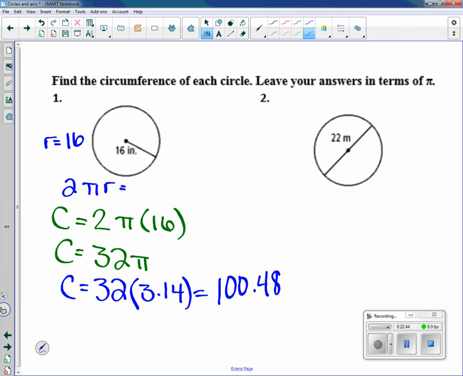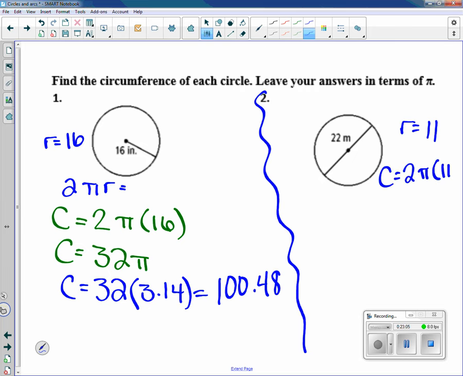Now, let's look at number 2. What is my radius here? 11. Does everybody see why it's 11? This is the diameter. So my radius is 11. So 2 times pi times 11 would give me 22 pi.